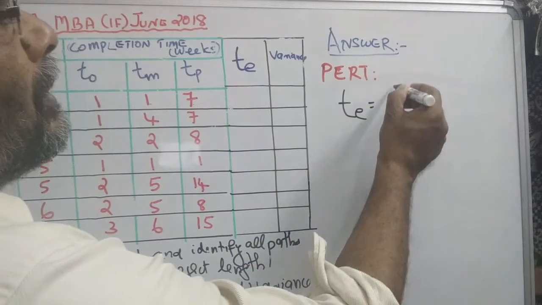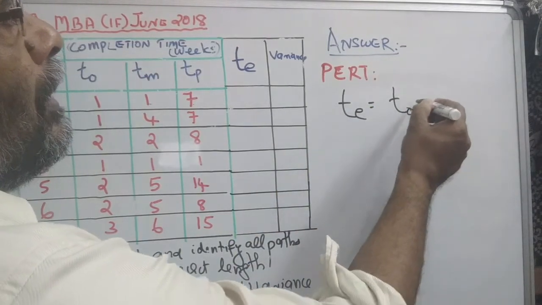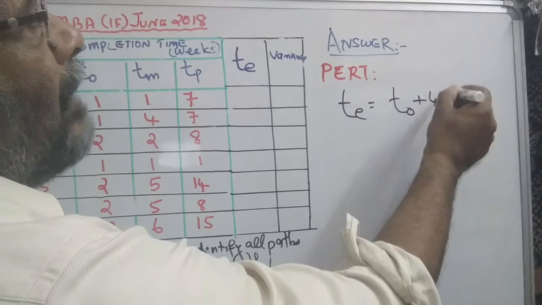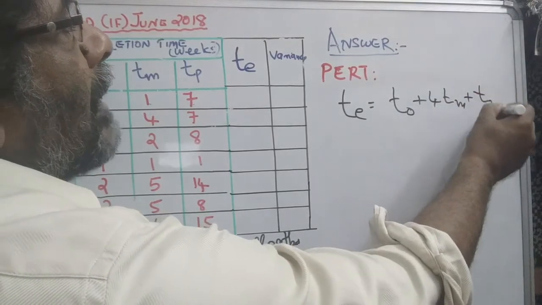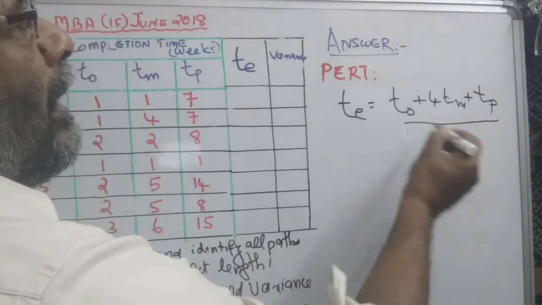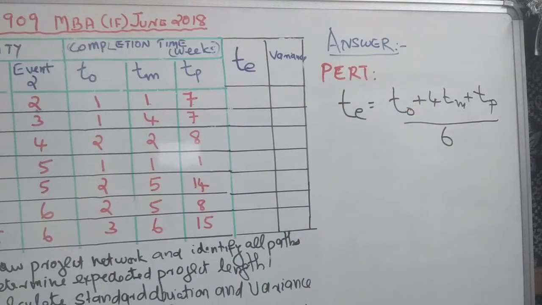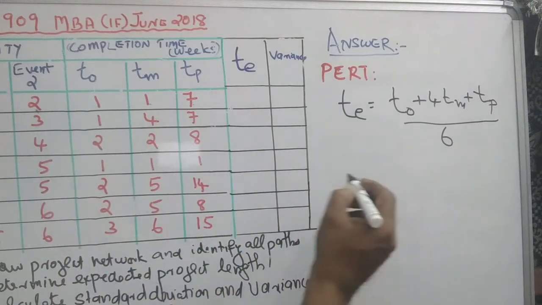Its formula is optimistic time plus 4 times most likely time plus pessimistic time, divided by 6. We have to compute this time estimate for each activity. For example, the first one.